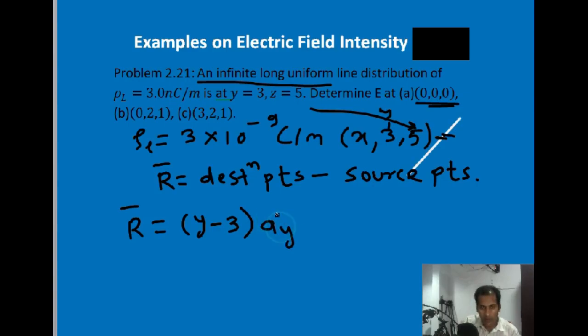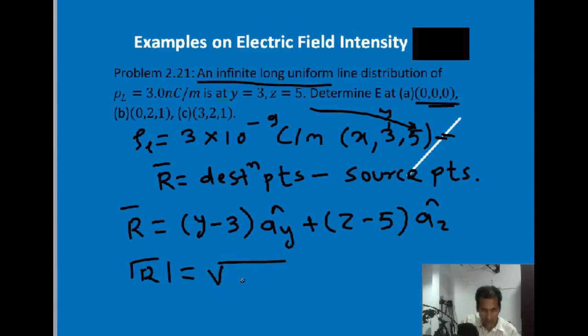So this is ay cap plus z minus 5 az cap. This is the r, and what will be the mod of r bar? Mod of r bar will be square root of these terms. So say one is y minus 3 whole square plus z minus 5 whole square.